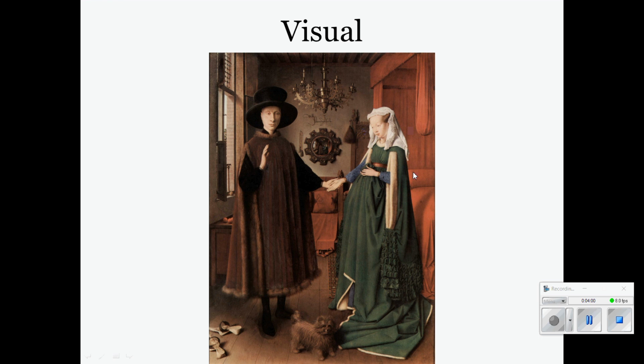And then visual texture looks like it's texture, but it's not actually there. So this looks like a hairy dog, but it's really not going to feel like a hairy dog. It's smooth. This is a smooth surface. But again, these ruffles here on the dress are going to look like the texture, but they don't feel like the texture.